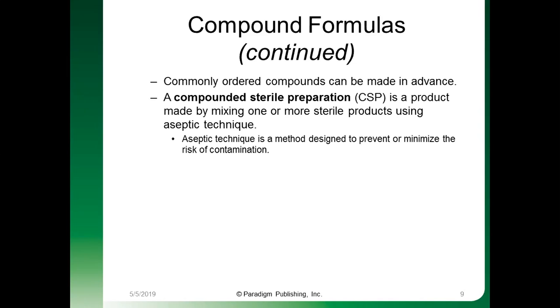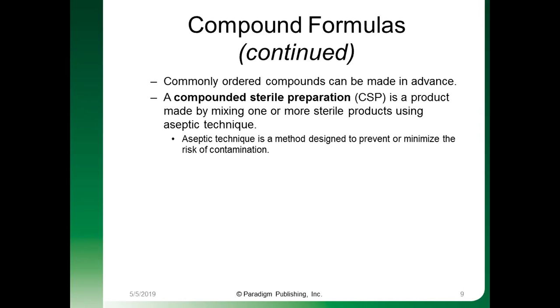A compounded sterile preparation is a product made by mixing one or more sterile products using aseptic technique. Aseptic technique is a method designed to prevent or minimize the risk of contamination. So if you've learned hopefully about sterile compounding already in PH 108, you should have learned that also in 140, and you might have hinted at it in 120.